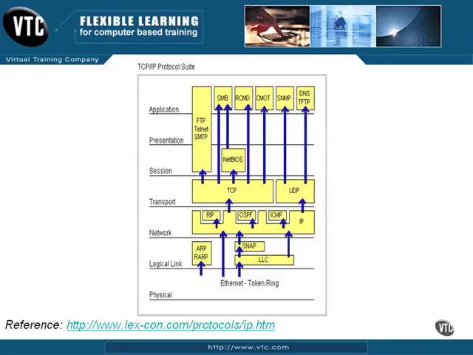We see that at the transport layer we have TCP and UDP primarily. At the network layer we have routing protocols and ICMP and IP and so forth. So there's a wide variety of protocols we're going to be looking at, and this is how they fit into the OSI model. This is a simplistic diagram, but we will be looking at some of these protocols when we do our packet captures and analysis.